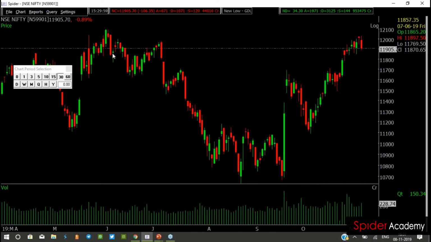What do we see here? This is a downtrend. We are making lower lows and lower highs, and an uptrend over here. And this is what we call the consolidation phase, right?